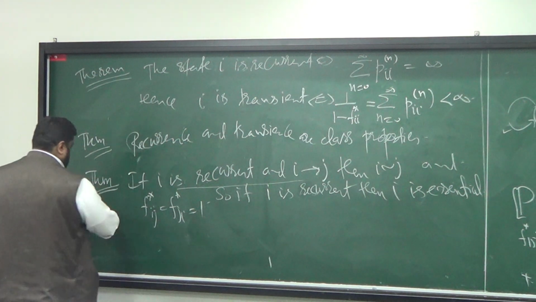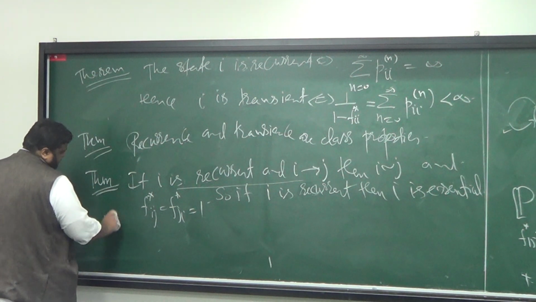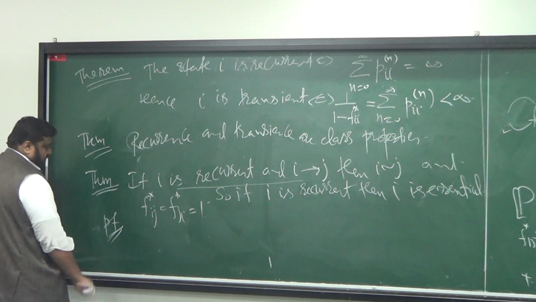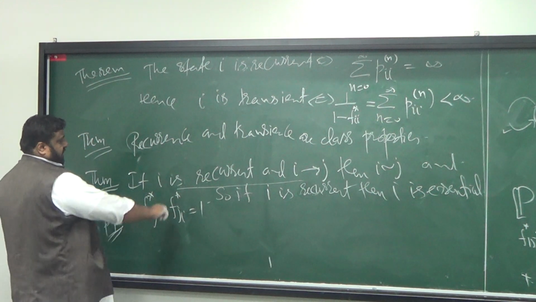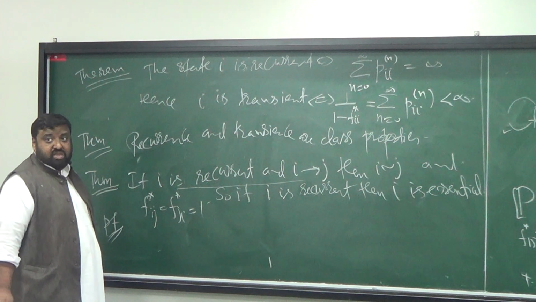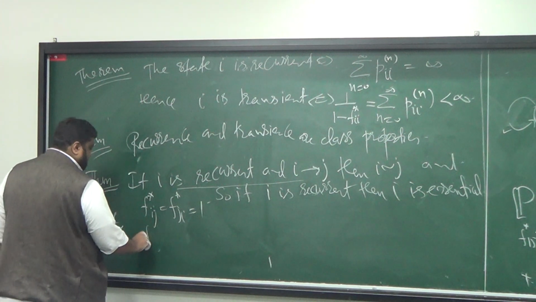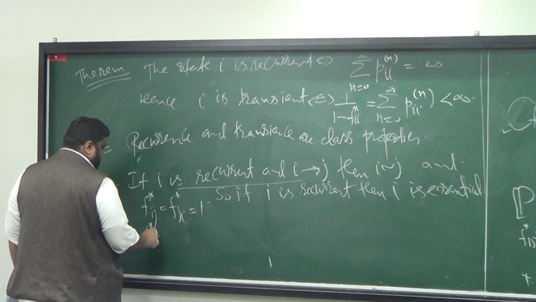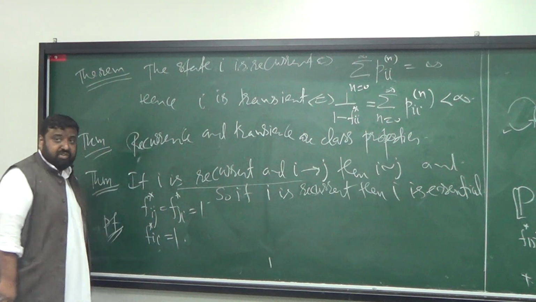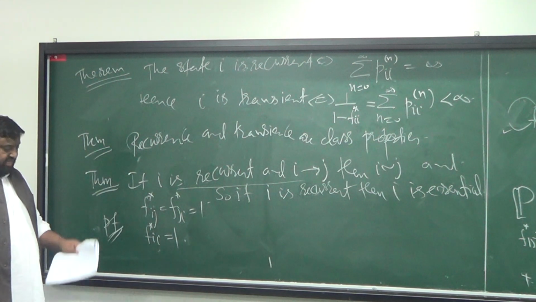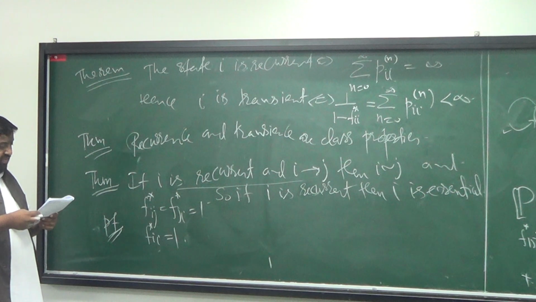So, what is given? I is recurrent actually. So if I is recurrent, I can say that F star II is 1. That's what the definition is giving you.